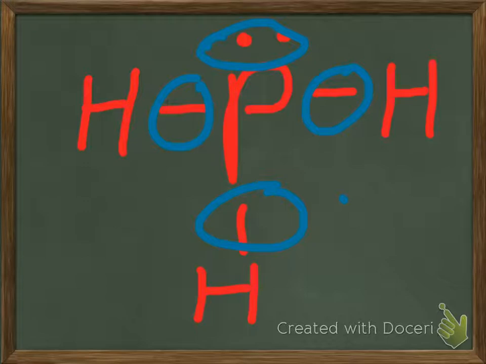And there are 2 things that I'm going to take a look at when I'm figuring out the shape. There are 2 guidelines that you need to follow. Rule number 1 that I'm going to examine is the number of electron regions.